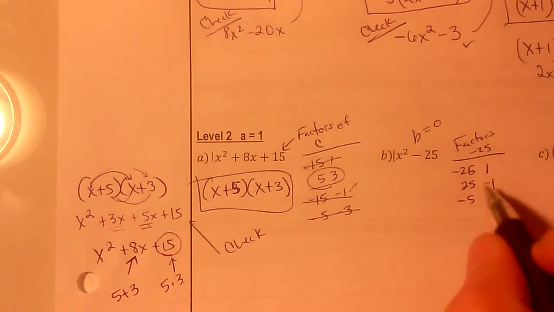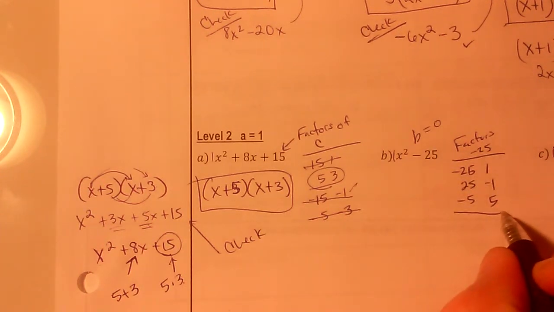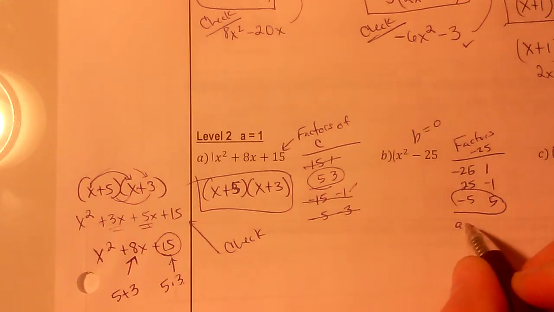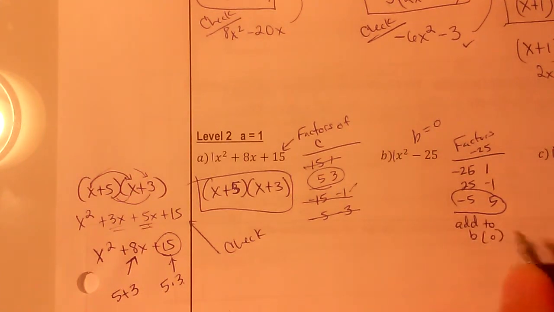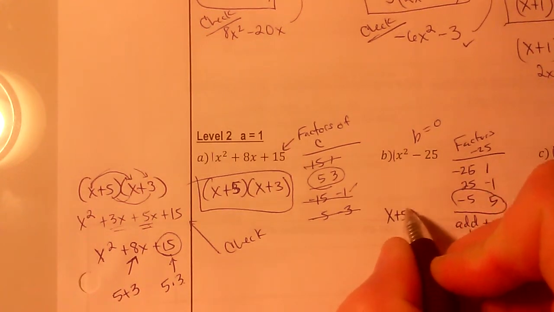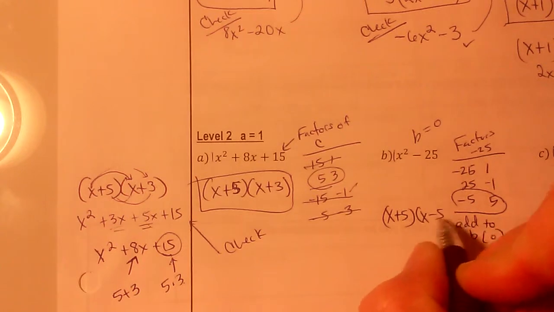When I make my list, I can see pretty quickly that these are the ones that add to b, which in this case is 0. So these are my 2. I have x plus 5 times x minus 5.